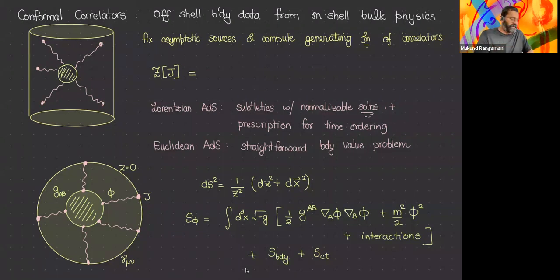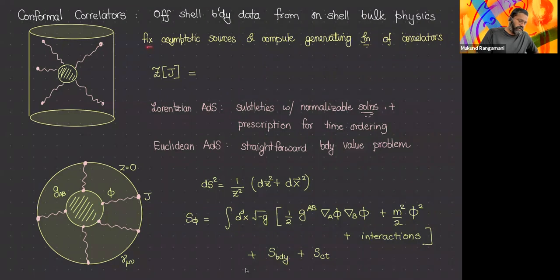What I'm going to try to argue is basically to show you how to see this sourcing of how these boundary operators source bulk fields, which then interact through bulk interactions, and translate that calculation into a correlation function calculation in AdS. So this is the standard GKPW dictionary.